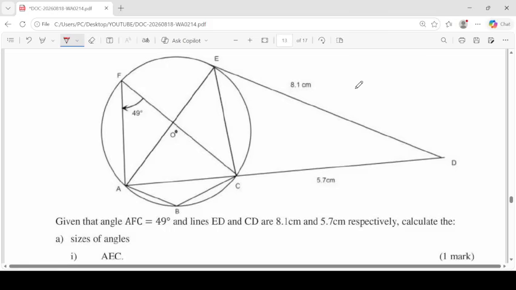Now, look at this. If this angle is 49, this angle is also going to be 49. The reason is angles subtended by the same chord.